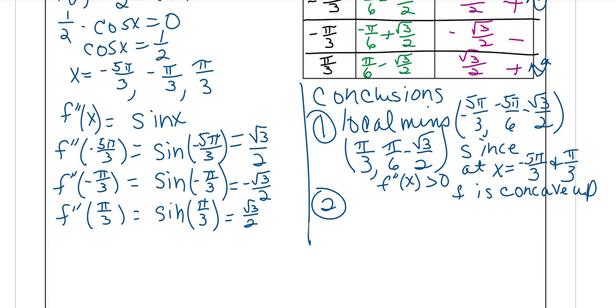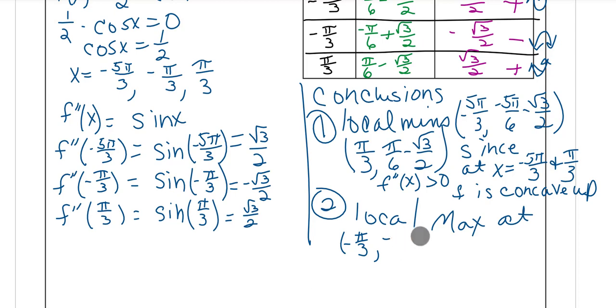And my second conclusion is that there's a local max where we are concave down right here. And that is at negative pi over 3 comma negative pi over 6 plus the square root of 3 over 2.